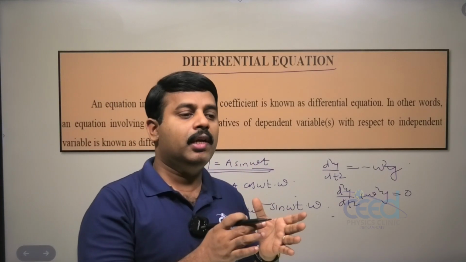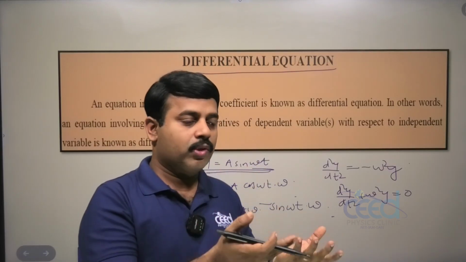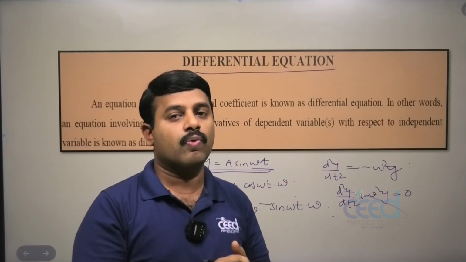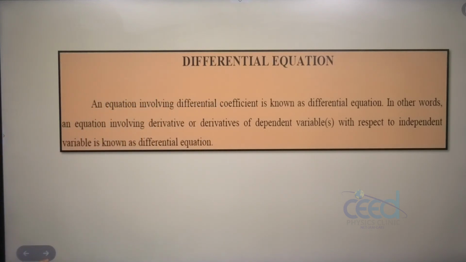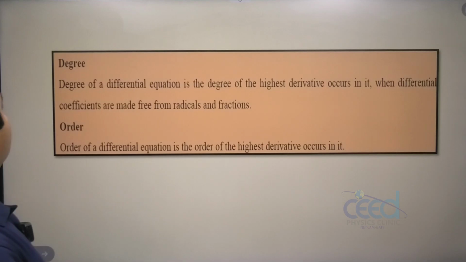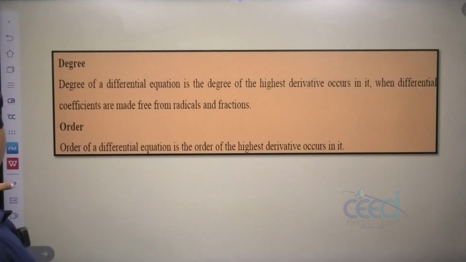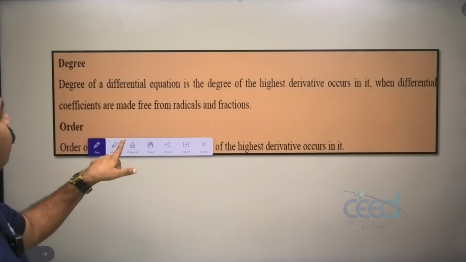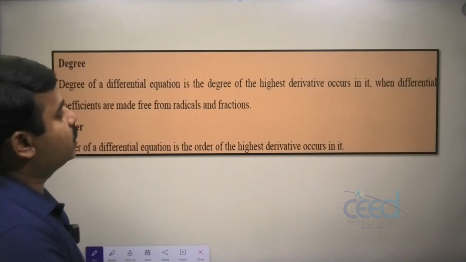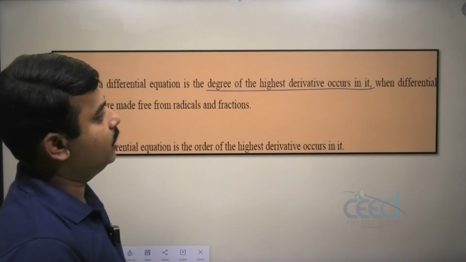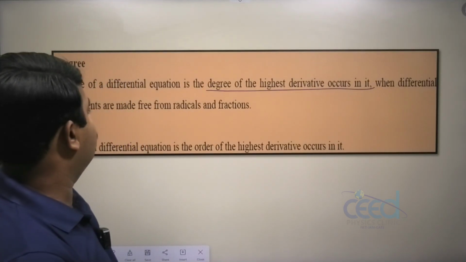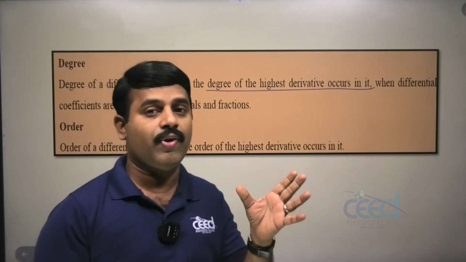In this chapter we mainly focus on how to find the solution of a given differential equation. Now, degree and order. What are degree and order? The degree of a differential equation is the degree of the highest derivative occurring in it when the differential coefficients are made free from radicals and fractions.